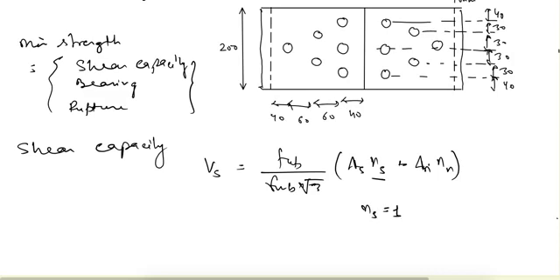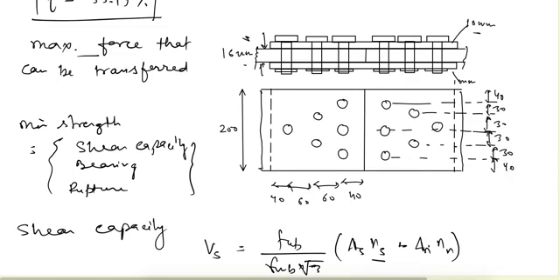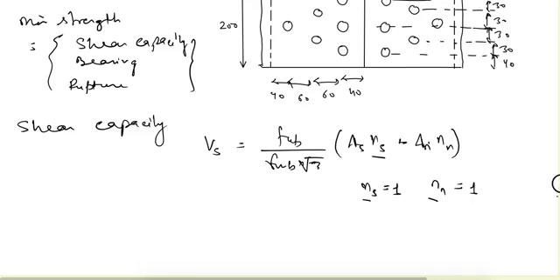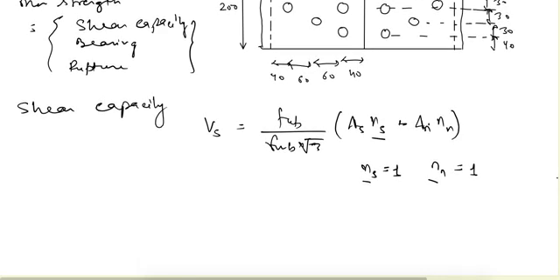Ns is equal to 1 and Nn is equal to 1. Here we say that this part can be the shank part and this part can be the root part. So we have two shear planes, one passing through the shank and one passing through the thread area. So the As, that is the shank area, is equal to pi by 4 into d square.